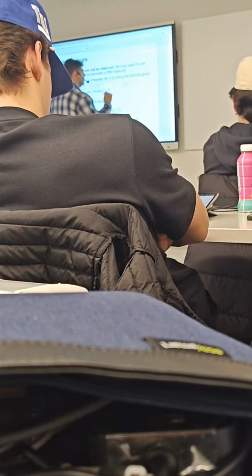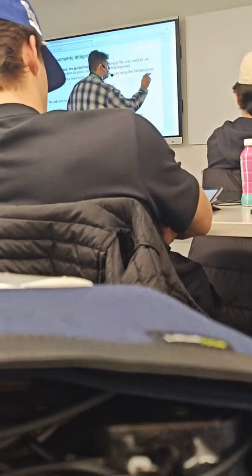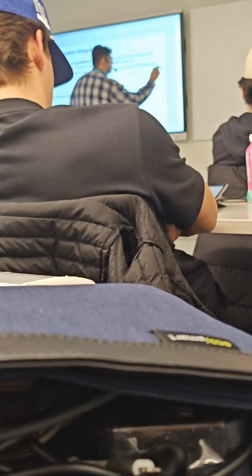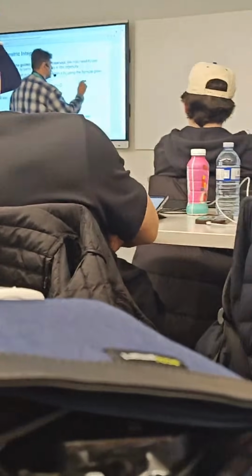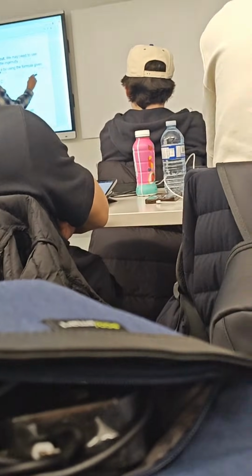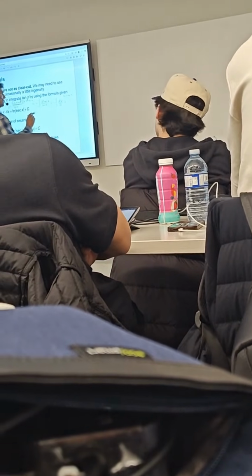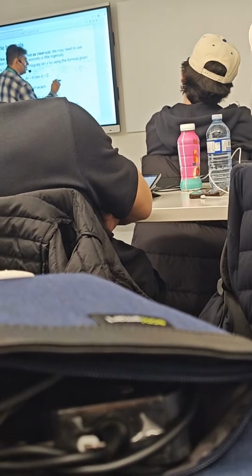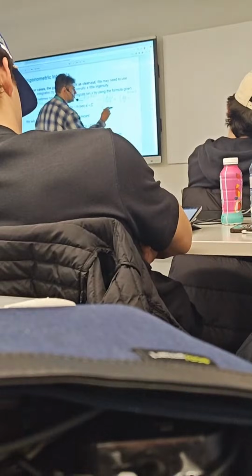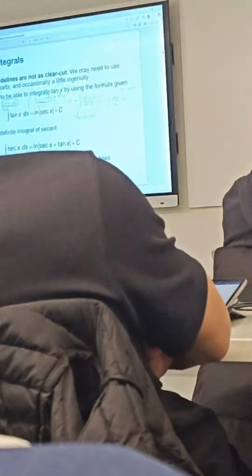Now if we substitute cosine of x to be equal to u, our integral becomes minus the integral of du over u. You know that this is minus natural logarithm of u plus constant c. But our u is cosine of x. So we have minus natural logarithm of the absolute value of cosine of x plus c.